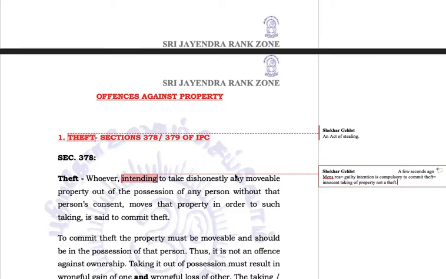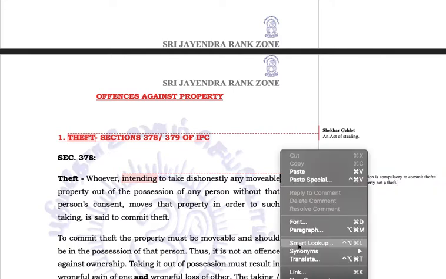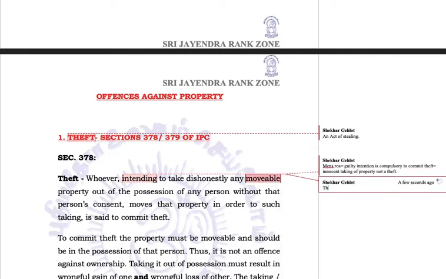any movable property. Then the next thing is that theft could occur only in respect of movable property. No theft could be against an immovable property. There cannot be a theft of immovable property.